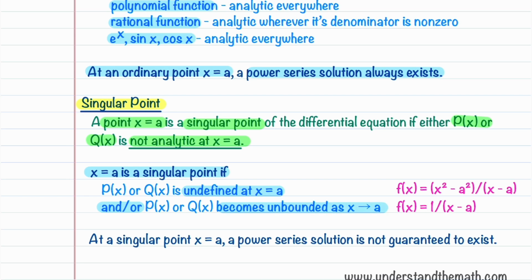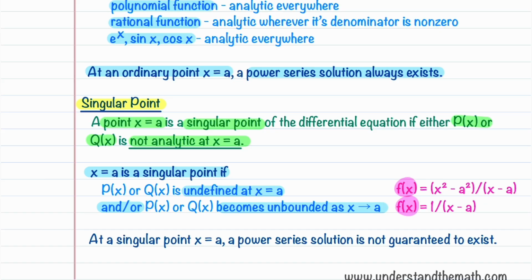To help us understand this better, I've written down two functions. This first function has a removable discontinuity at x = a, so it's undefined at x = a. And then the second function, f(x) = 1/(x − a), is both undefined at x = a, and it's unbounded at x = a.